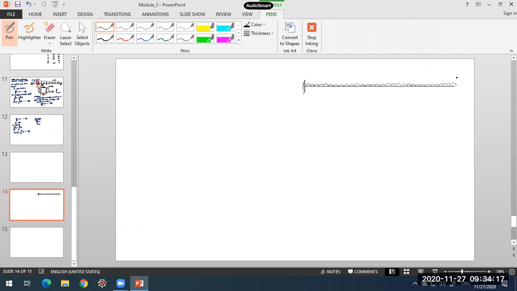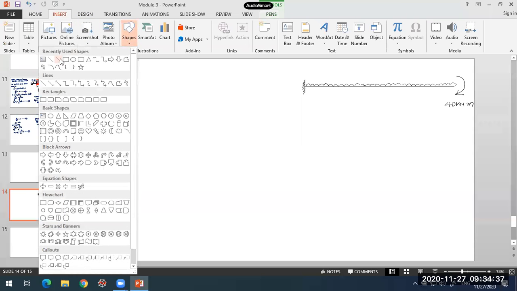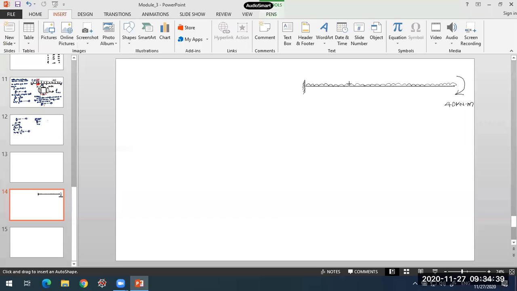At this end, we have a clockwise couple of magnitude 40 kilonewton meter. Along with this, there are concentrated forces present on this beam.